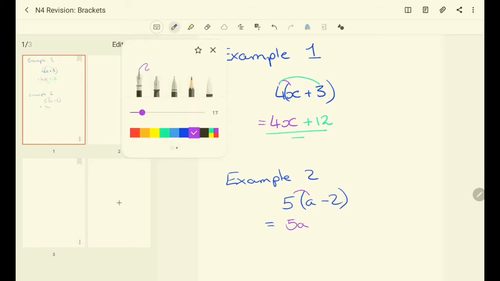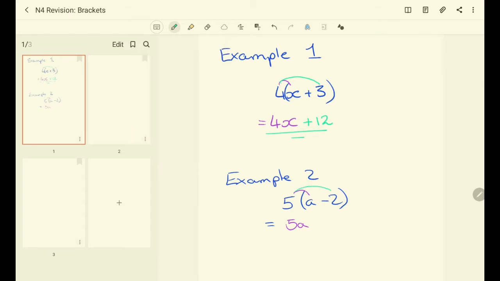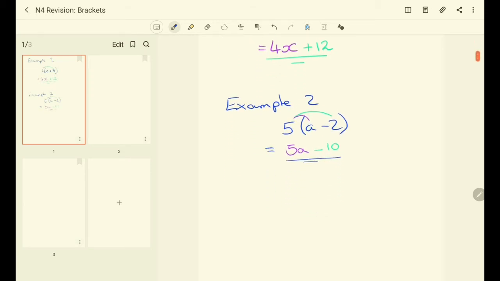But then we have got to think, well, actually, I'm not doing 5 times 2 anymore. I'm doing 5 times negative 2. And that gives us an answer of negative 10. So when we multiply out a bracket, if there's a negative in there, we've got to include it in our little multiplication. Let's have a look at another example.